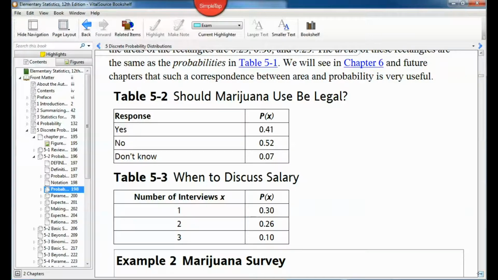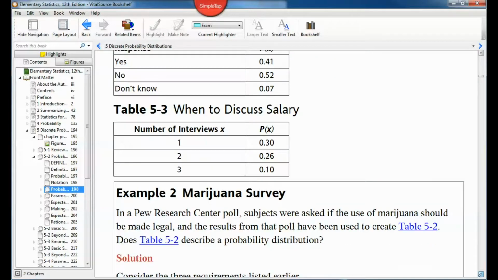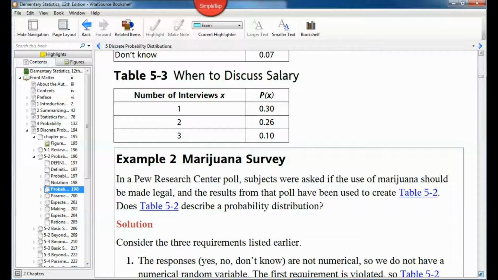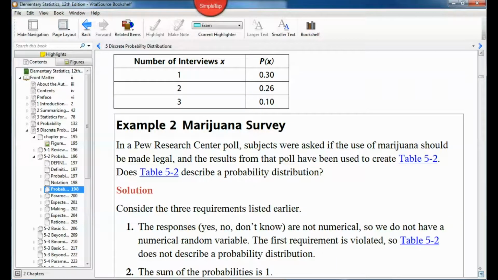So we have yes, no, and don't know. So what's wrong with yes, no, and don't know? Not numerical. It's not like 0, 1, and 2 or something like that. Okay, so the very first requirement for a probability distribution is not met. So no, it does not describe a probability distribution, period.